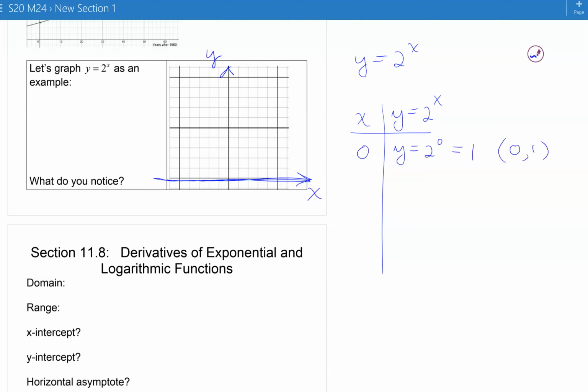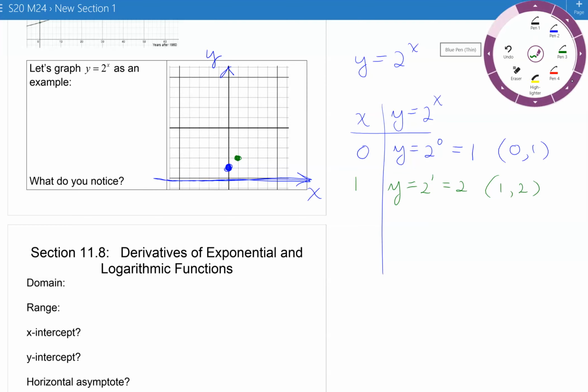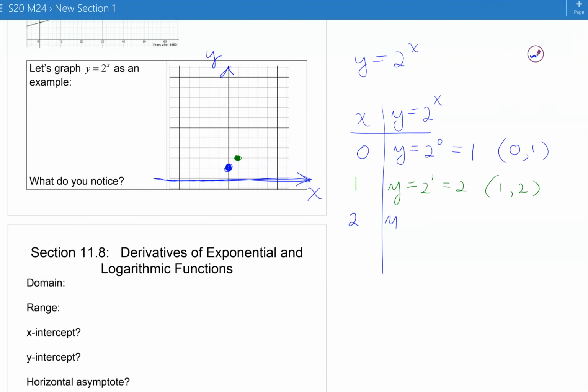So the point 0, 1 will be on my graph. And then if x is 1, y equals 2 to the 1, or 2. So the point 1, 2 will be on my graph. Then if x is 2, y will be 2 squared, or 4. So the point 2, 4.